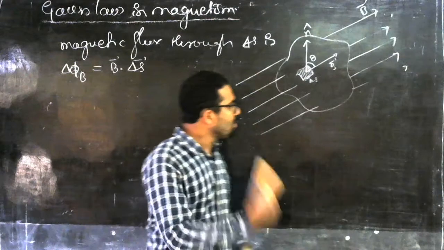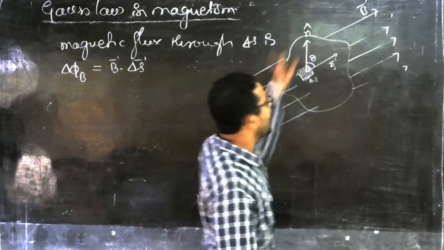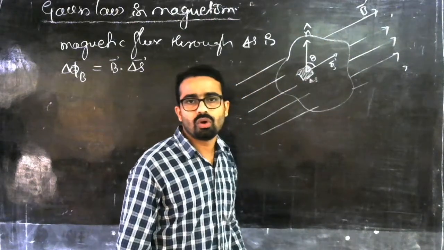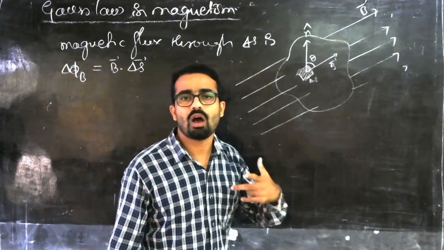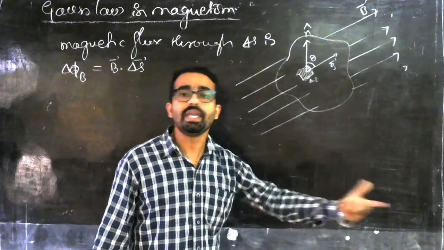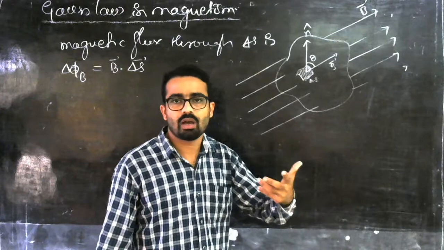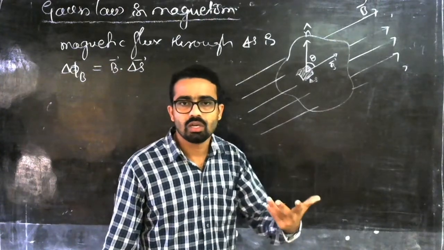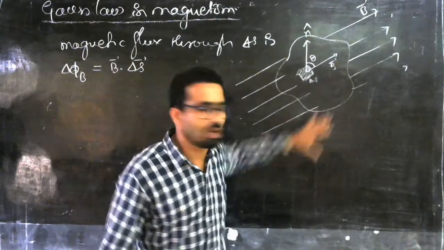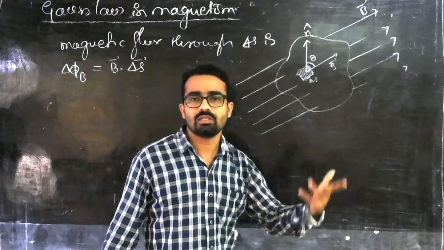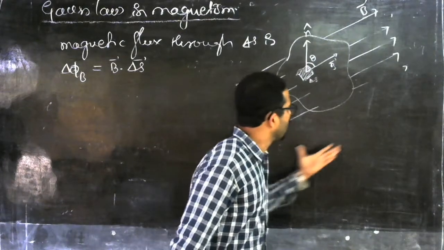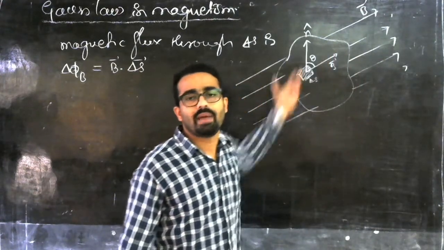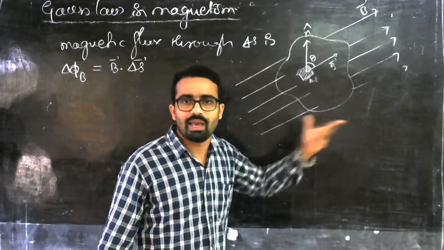Then what will be the magnetic flux through the whole area? Then what do we have to do? We have to take the sum, or we can say we have to take the integration. But they are one and the same. I can say summation, taking the summation over all the elements, or I can say finding the magnetic flux through the whole area by integrating it. They are one and the same.